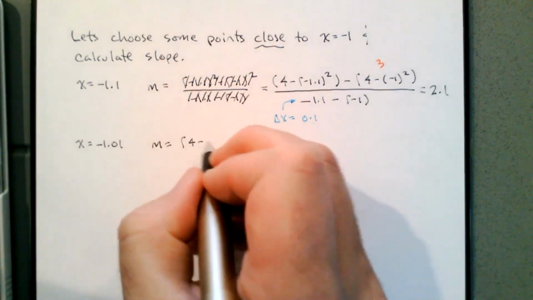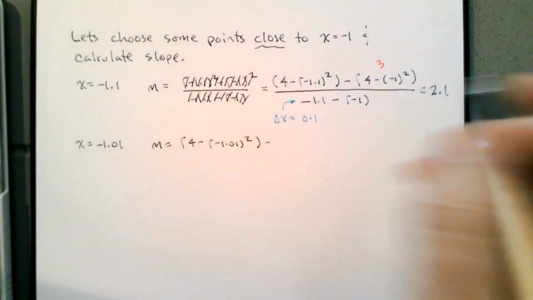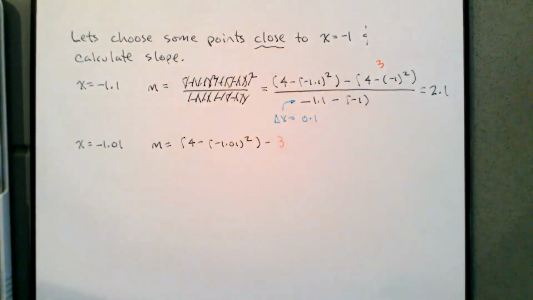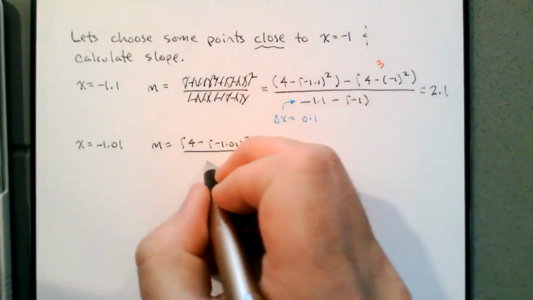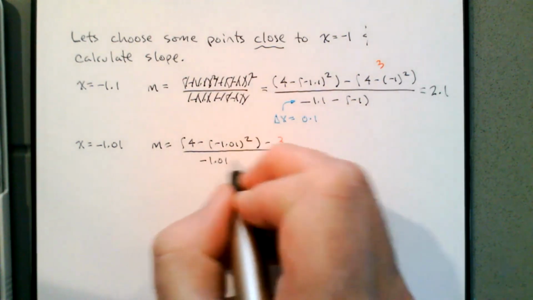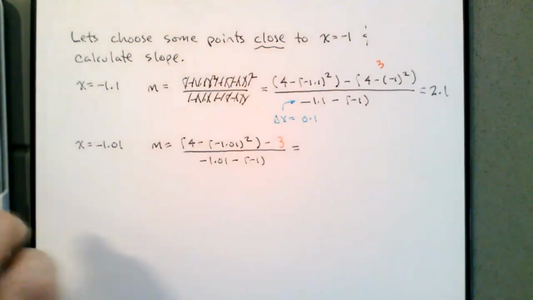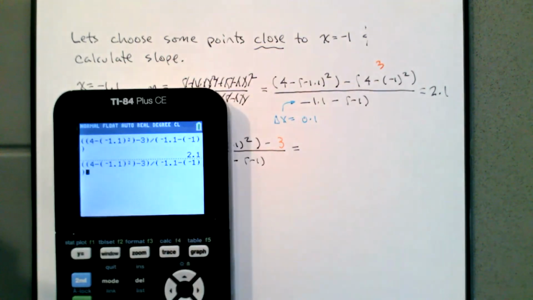So we'll have 4 minus -1.01 squared minus, I'm just going to replace that with 3, and we'll do -1.01 minus -1. So I'm going to redo this calculation and insert a 0.